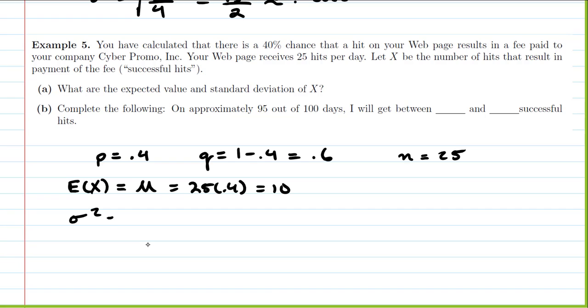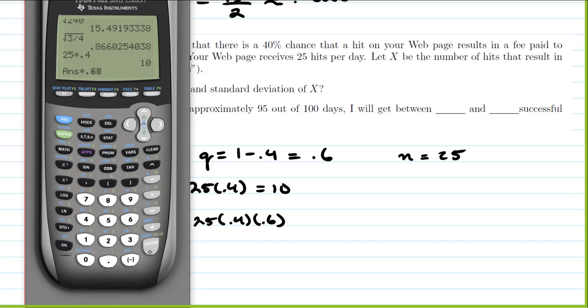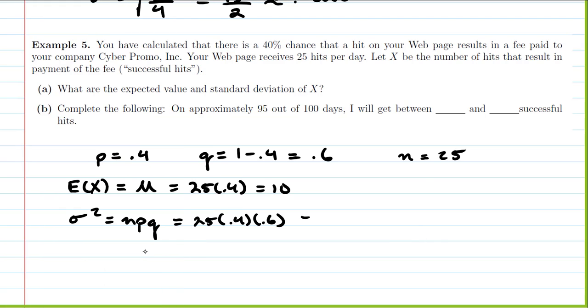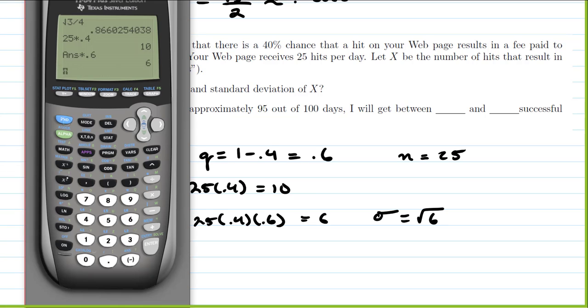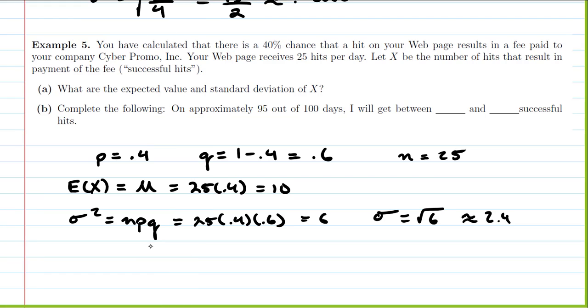So sigma squared is N times P times Q. So 25 times 0.4 times 0.6 gives us 6. So then the standard deviation is the square root of 6, which gives us 2.449. So let's say about 2.45. Or better yet, let's just go to 2.5.